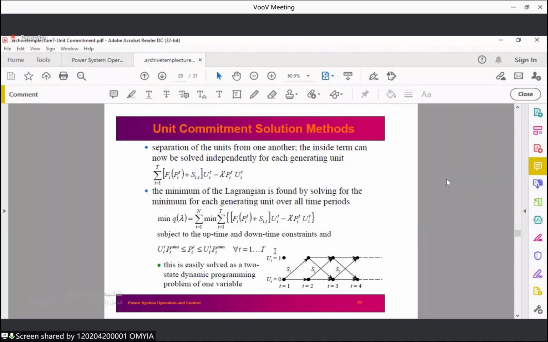And in the operating unit, Ui equals 1, and the startup cost is dropped. So we will get the minimum of Fi(Pi,t) plus lambda t Pi,t.